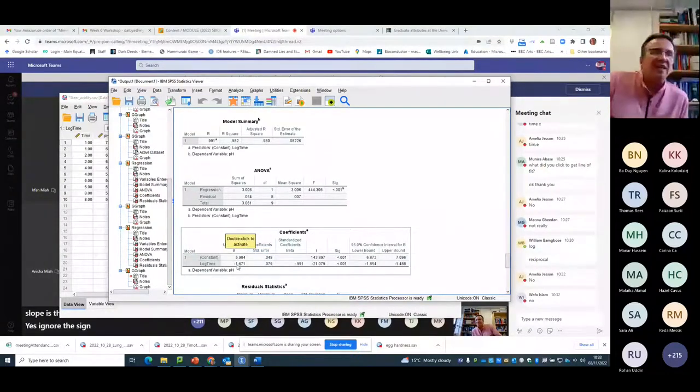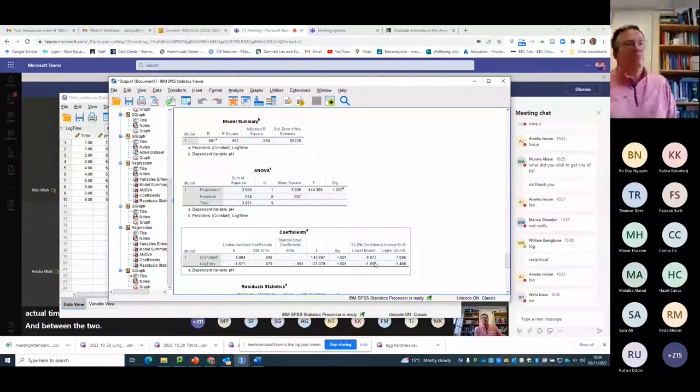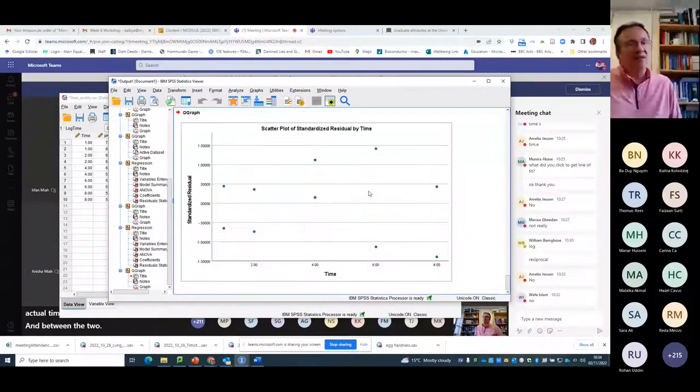So if I take the anti-log of those, I can work out what the confidence boundaries are in actual time values between the two. But usually I'm going to ask you for the gradient and the constant. I'm not going to ask you to back transform it.